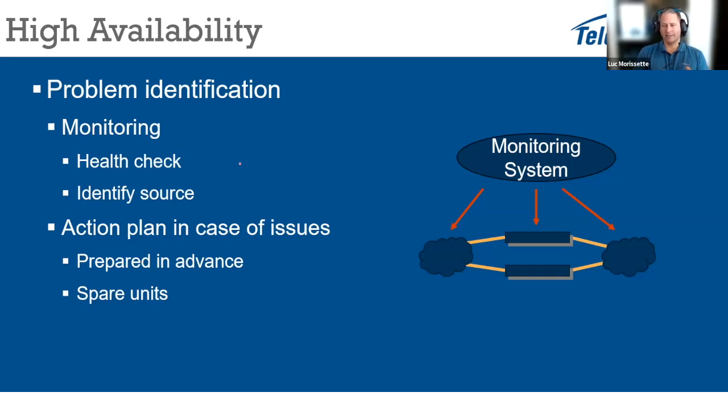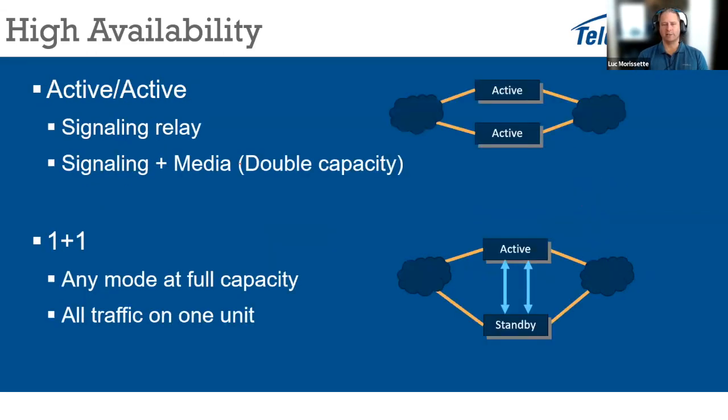Once that problem is identified, you need to have an action plan to decide how you're going to troubleshoot this, or replace a unit, or replace a cable, reconnect a cable, something like that. You may need to have spare units, but you need to prepare in advance so that you are ready in case anything goes wrong in those systems.